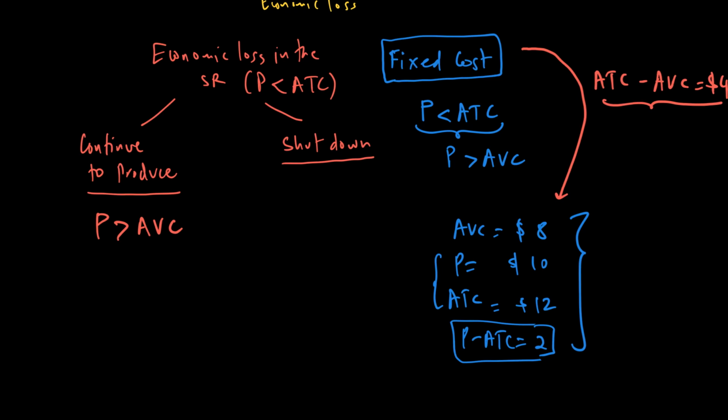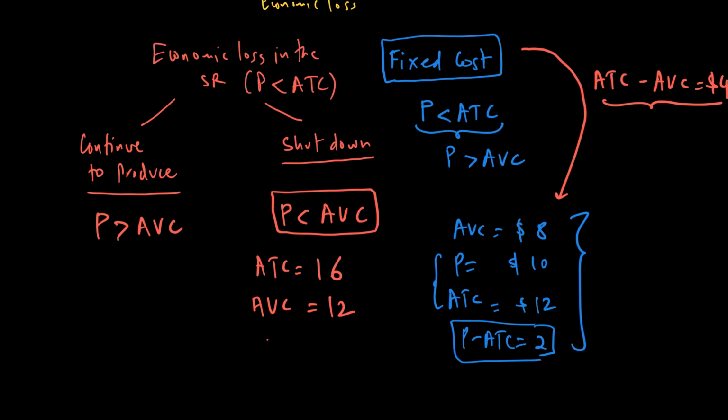But if the price is less than AVC, this is where you minimize your losses by shutting down. Let's see a scenario. What if ATC was $16, AVC was $12, and price is, for example, $10?